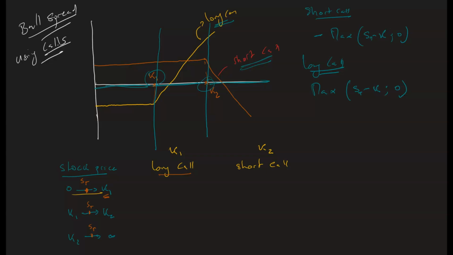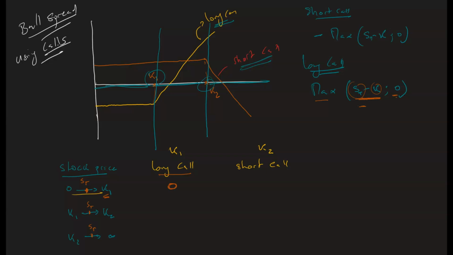Because the payoff is going to be ST minus K. Because ST is lower than the strike price, this is going to be a negative value, and we have 0. So the maximum of a negative value and 0 is going to be 0. The option is out of the money, it's not going to be exercised, so the long call payoff is 0 here.